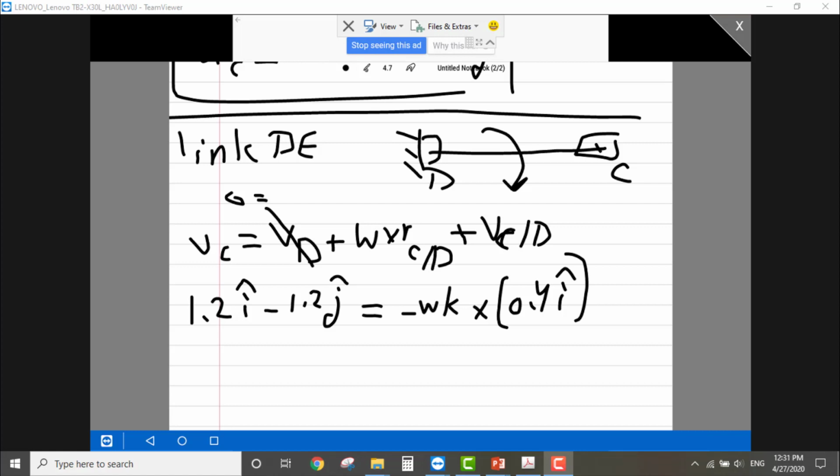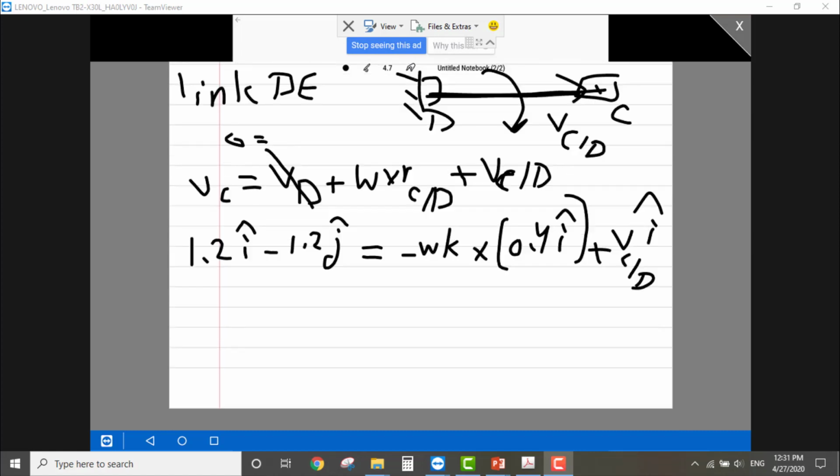Now VC with respect to D, we'll assume this because we'll move from here to there, so this is the relative velocity equation, so this is VCD. We'll choose its direction to be positive, so this is VCD in the positive I direction.